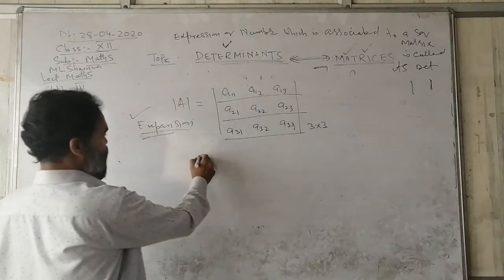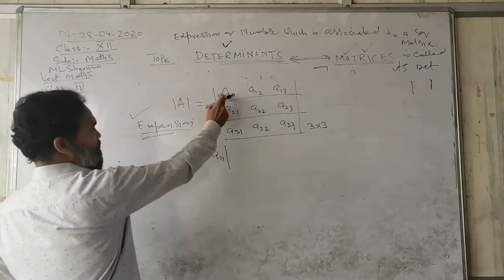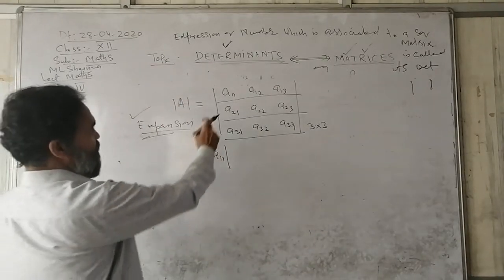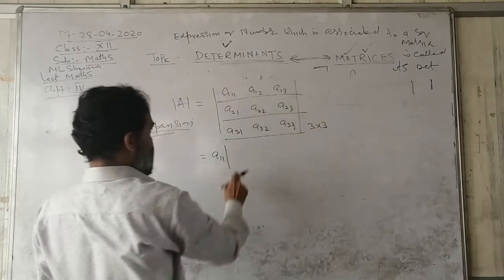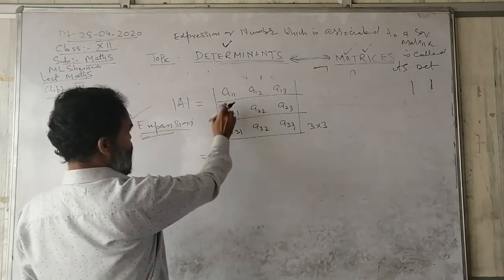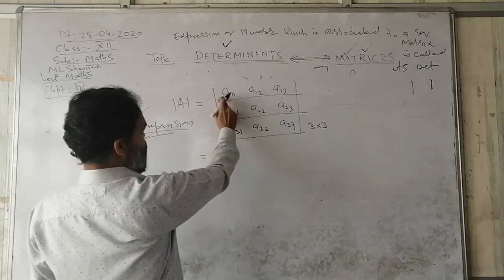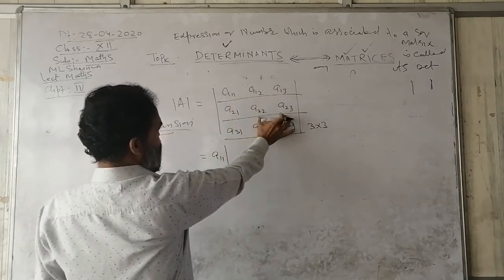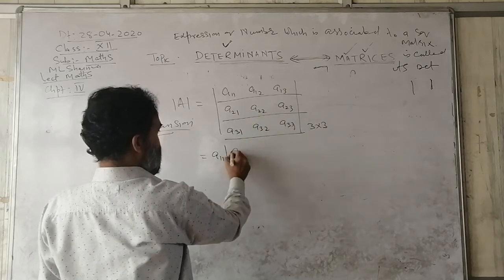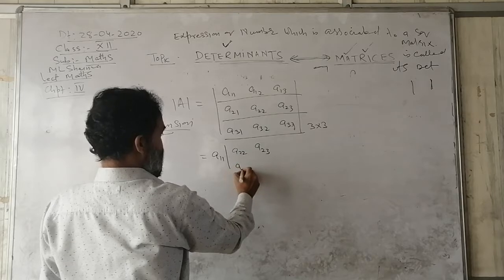For that, this will be equal to A11. The first element is taken, and its row and its column are deleted. So if I take this element A11 and delete this row and this column, I will be left with the elements A22, A23 and so on.